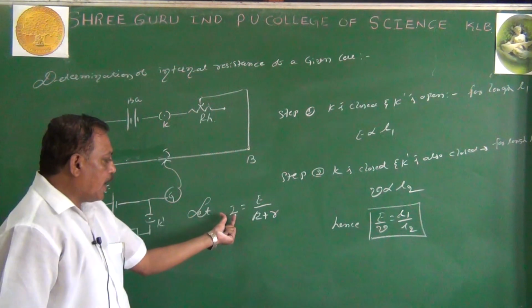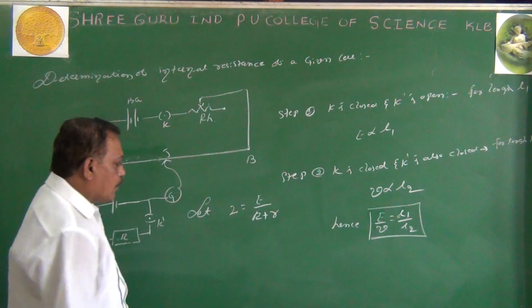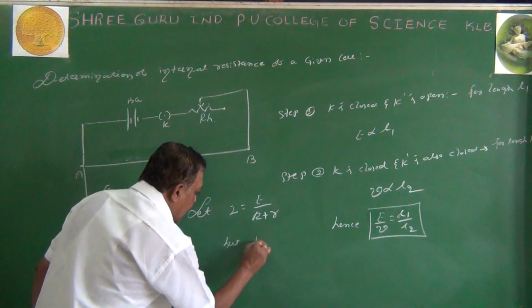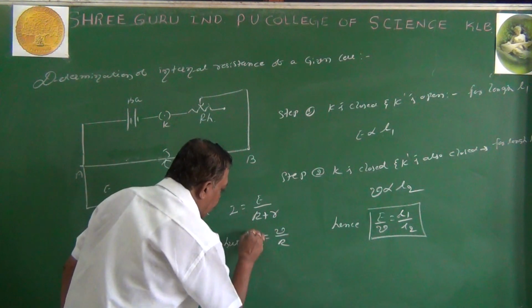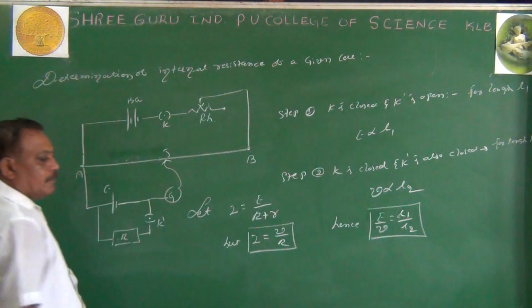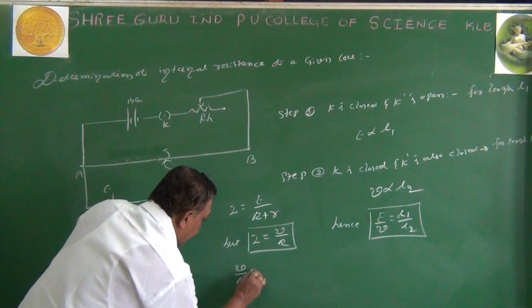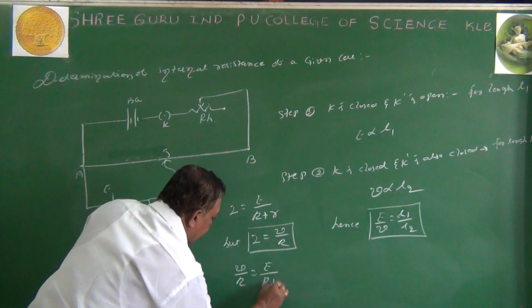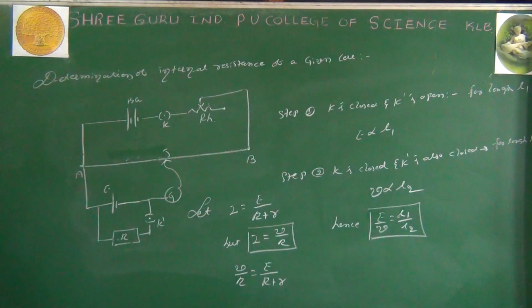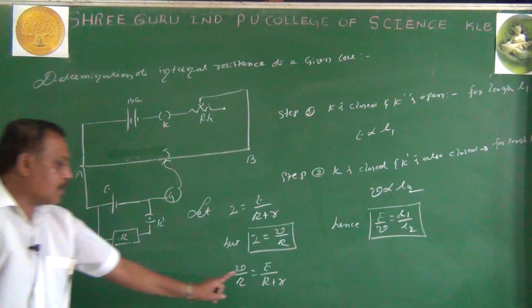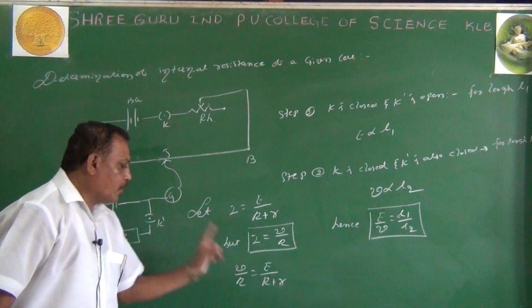Then I equals V by R, Ohm's law. So V by R is equal to E divided by R plus r. I need small r, so I go for cross multiplication.